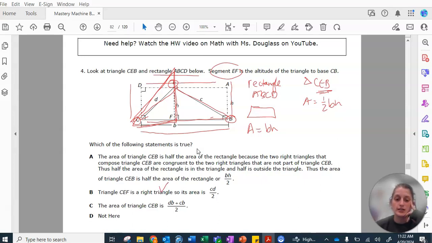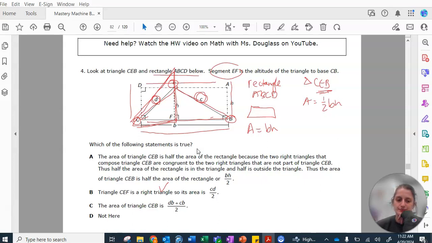So its area is the length of C to D. Wait a minute. See how these are lowercase? And I'm talking about capital letters when I'm naming my angles. This is my lowercase c times lowercase d. Is that a base and a height? I see the divided by 2 part, but I don't know about that one.